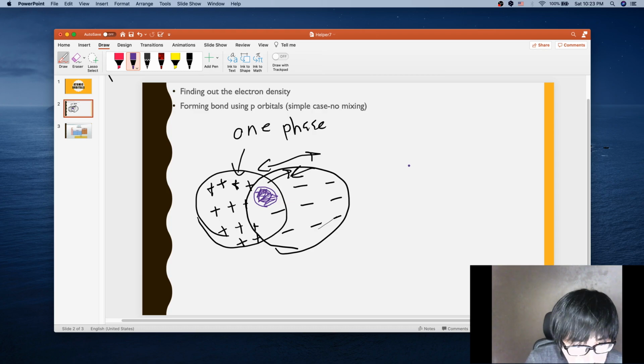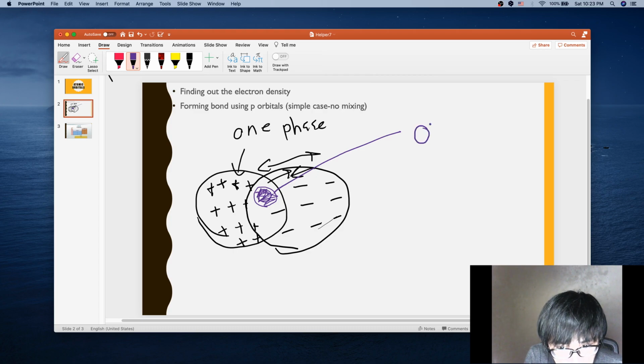So inside of that, I have 0 positive or 0 negative. So it's basically 0 squared. I'm going to square this, and then I get 0 here. That's the electron density here.